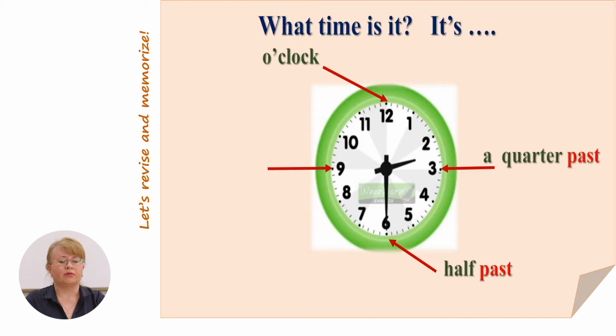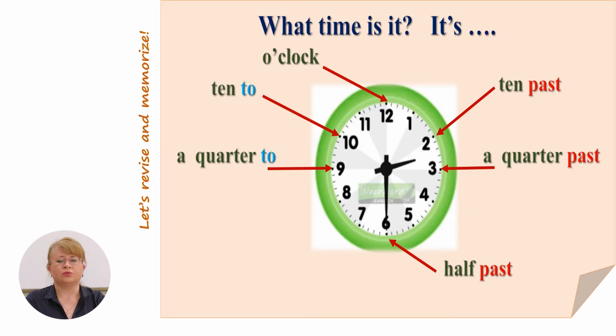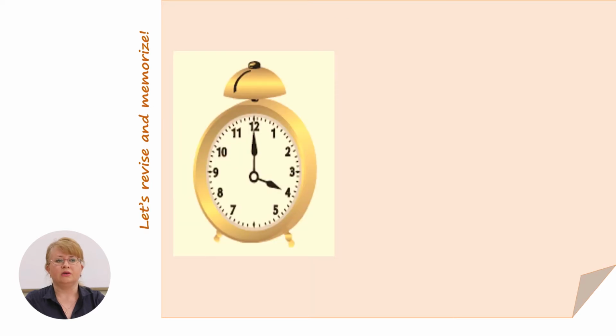Or we can have a quarter to. When we have minutes, we may say 10 past or 20 past. And we may have also 10 to. See the difference? Okay, so now let's answer the question.